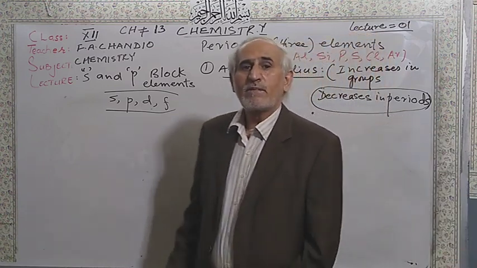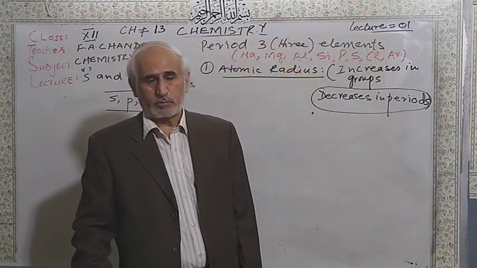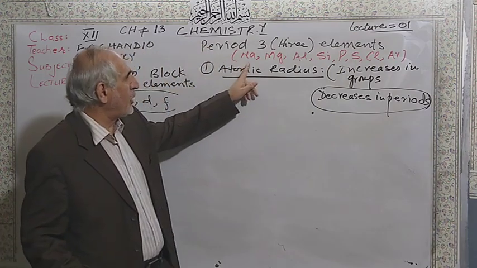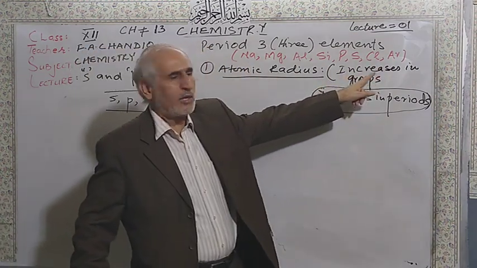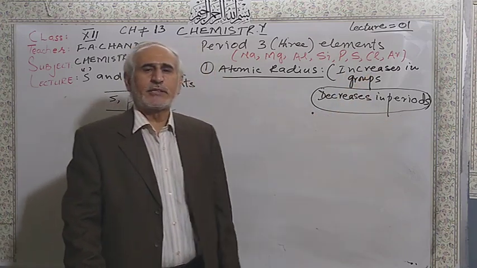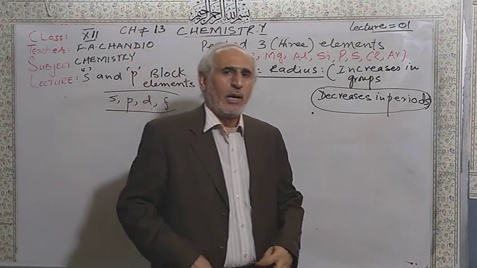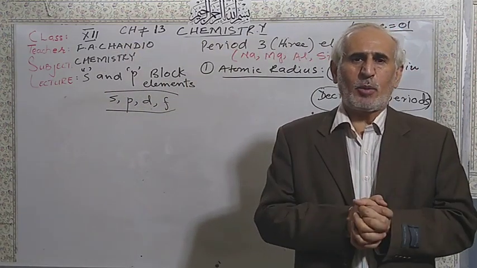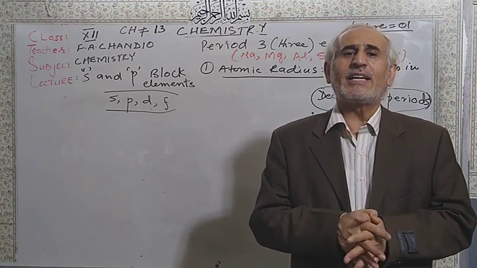It increases down the group. And if you go from left to right, from sodium to argon in the period 3 elements, I have written decreases in periods. Atomic radius generally decreases from left to right in the periods.